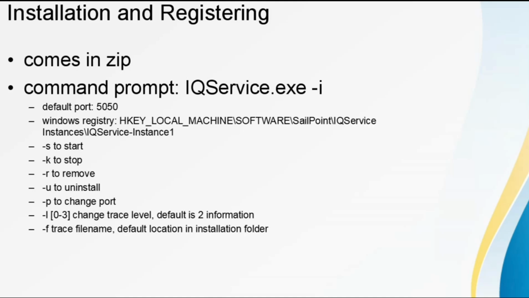If port 5050 is not available on your system, you can change the port with the -p command. It also has logging features, with trace level values from 0 to 3. By default 2 is used if you don't mention the -l option for the trace level.